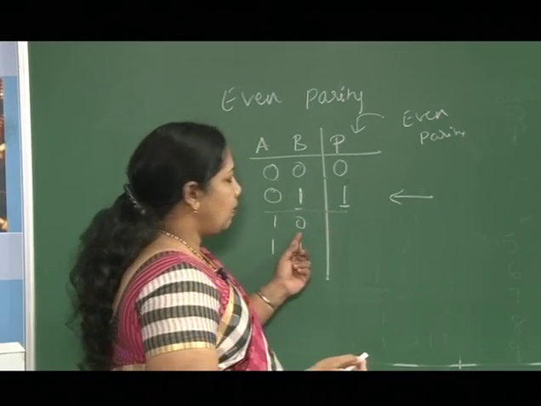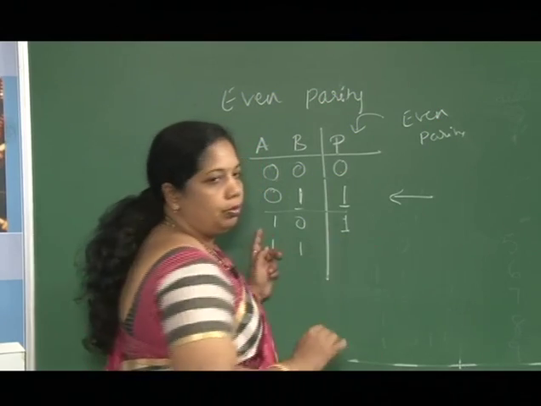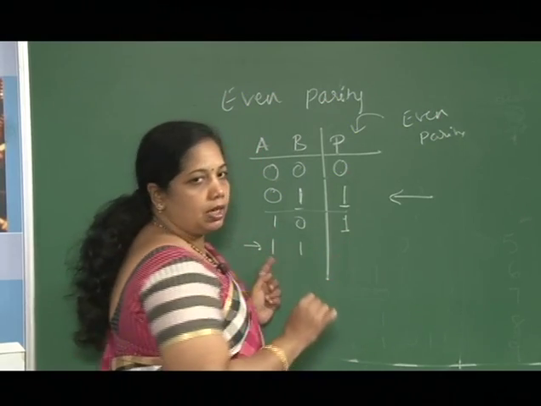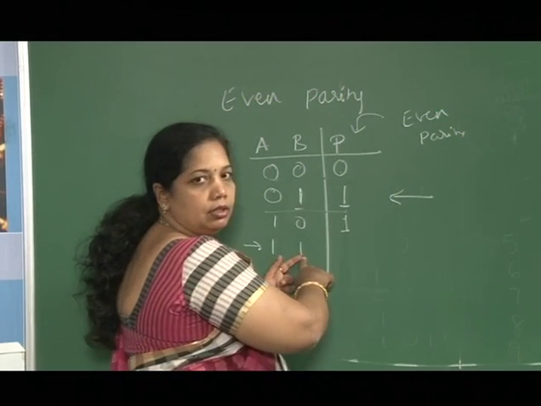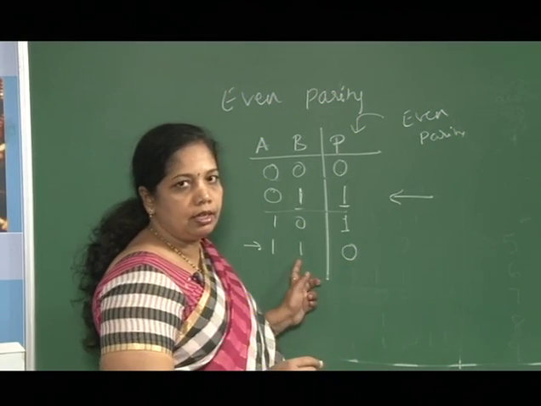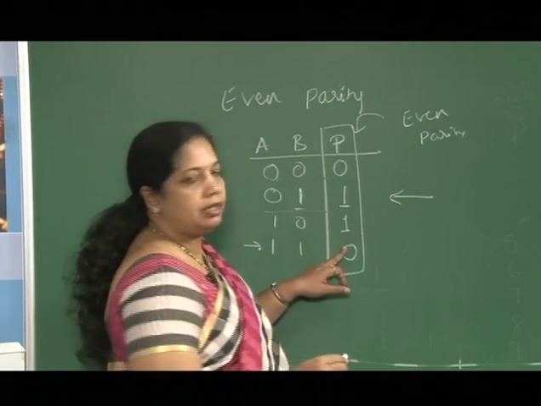Coming to this combination, once again I have got an odd number of ones, so I am going to add one more bit here, so that this becomes even. Coming to this combination, we have 1 and 1. So it is even, no need of adding 1 here, it is 0, already an even number of ones.